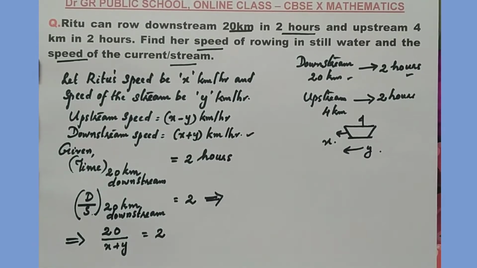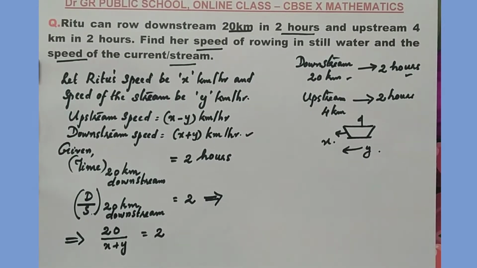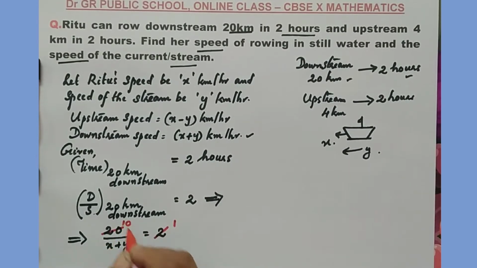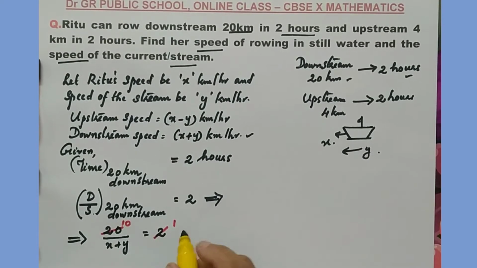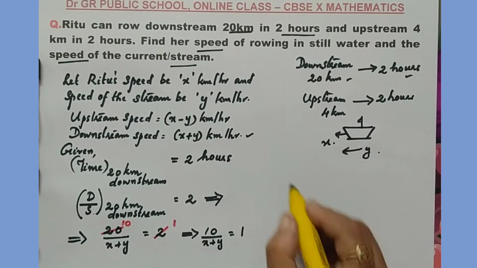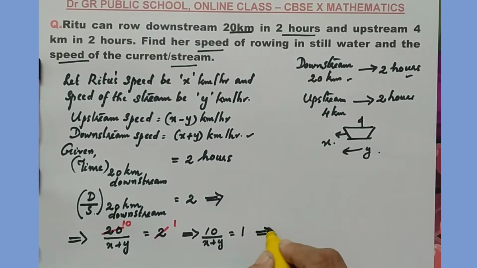Look at the cancellation I am going to do here. 2 can be cancelled with 2, and 20 cancels with 2 to give 10. So the remaining step is 10 divided by x plus y equals 1 on the right side. Therefore, cross multiply to get x plus y equal to 10.